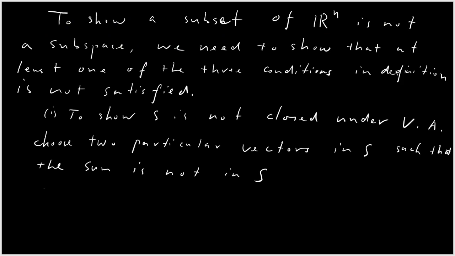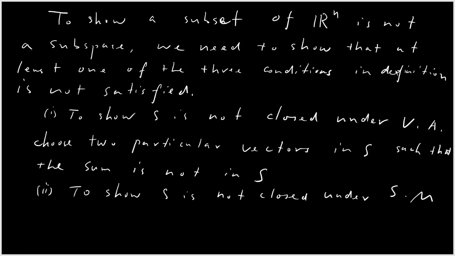And the other case, the second case: you just have to show one of the three conditions is not satisfied. But in some cases, you have to show S is not closed under scalar multiplication. To show S is not closed under scalar multiplication, you do not have to show every number and every vector.